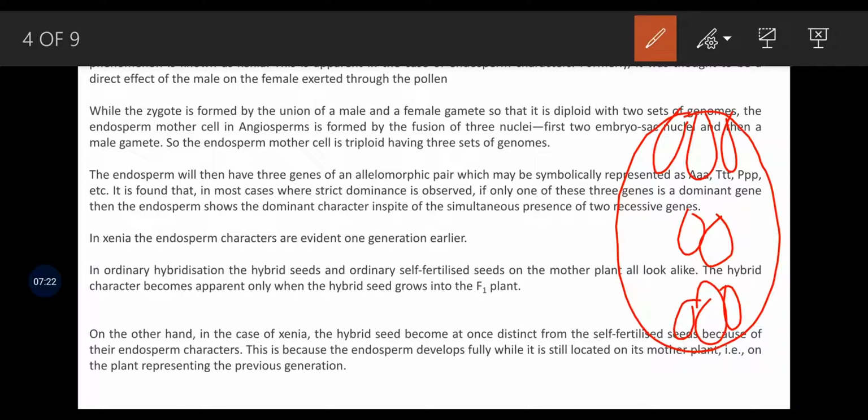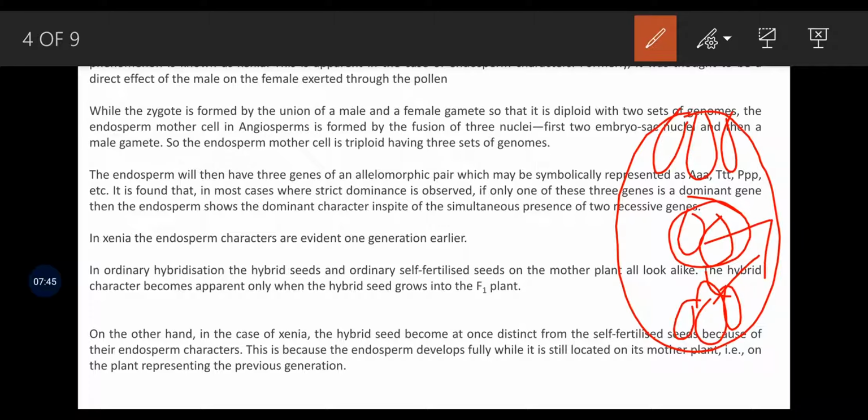That means here male and female unite, and the endosperm mother cell is formed by the fusion of three nuclei. This much is clear to you. First the two embryo sac nuclei, then the male gamete, the fusion of the egg as well as these two tissues.